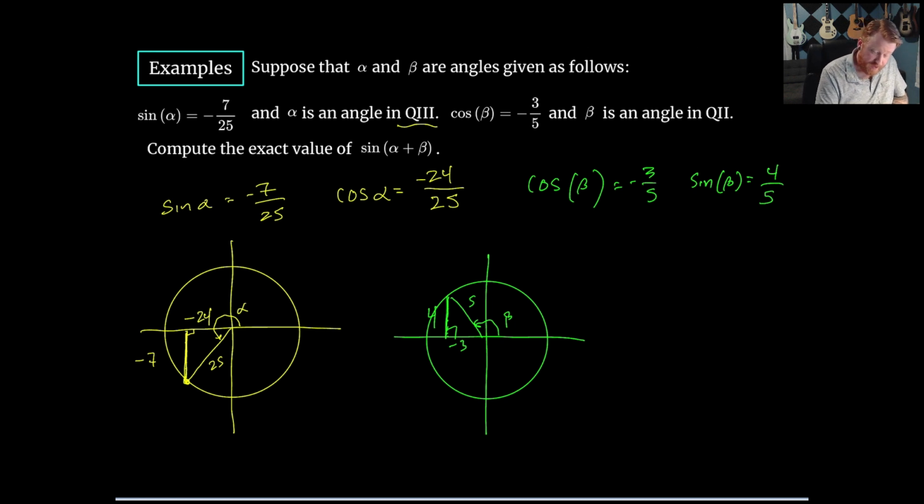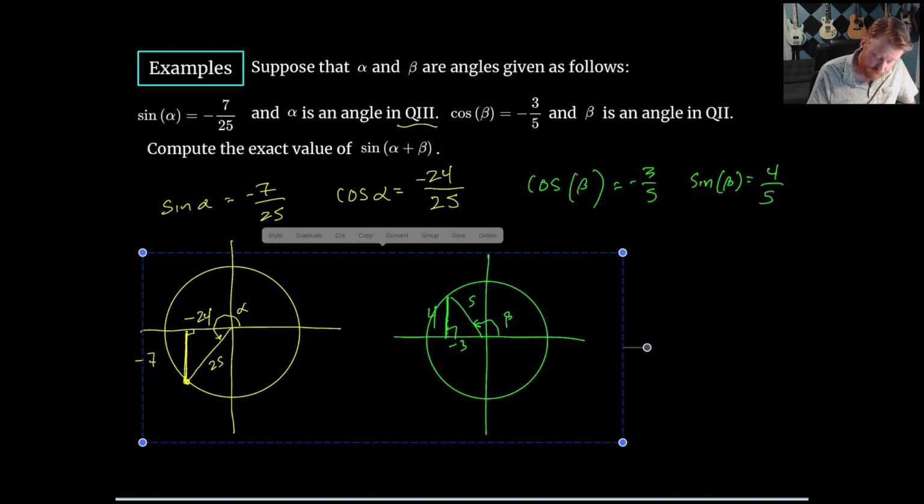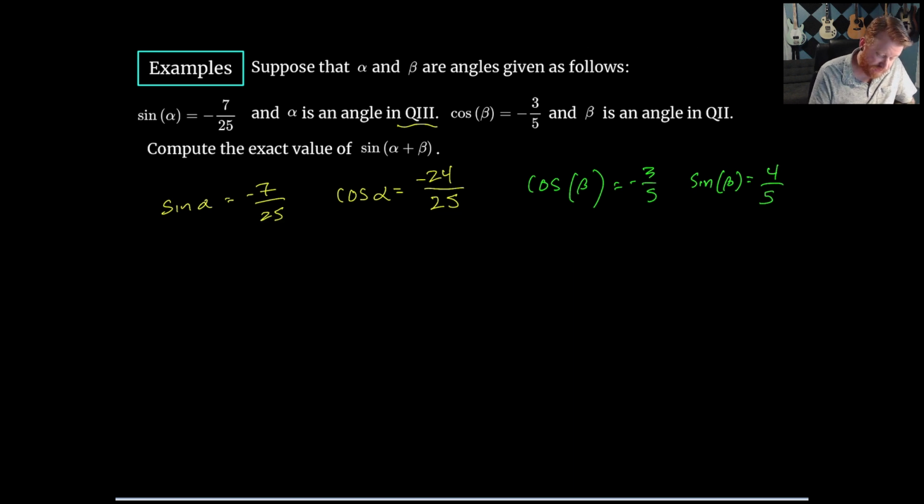Okay, so just by giving information about alpha and its sine and beta and its cosine, we're able to get all of the different sines and cosines here. So let me get rid of the unit circles that I did to figure this out. And what we're asked to do is find the sine of alpha plus beta.